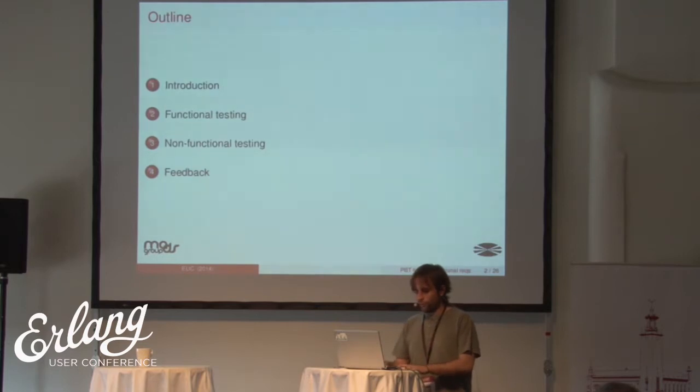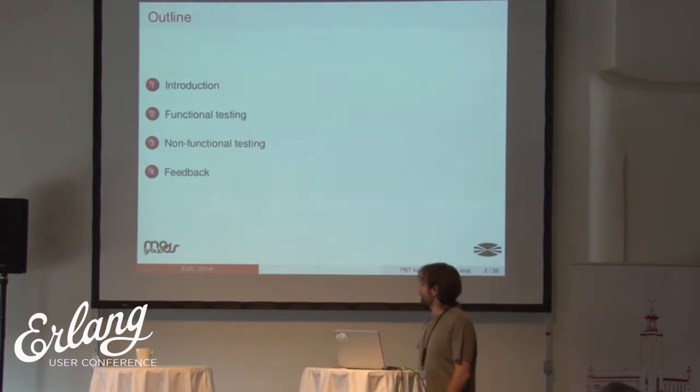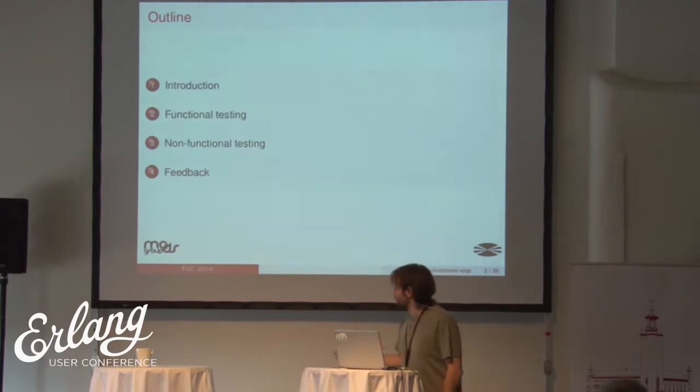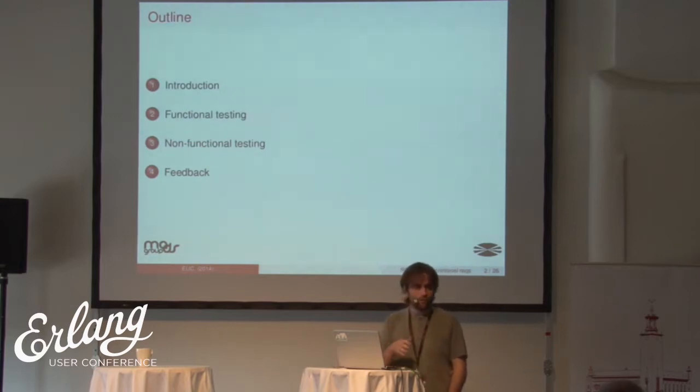What tools we have in Erlang to perform this kind of testing, and then move to the non-functional side. We can talk about which kind of requirements fits into this scope. And finally, the more important part, I think, of the talk, the feedback and the open questions I have to answer among all of us.